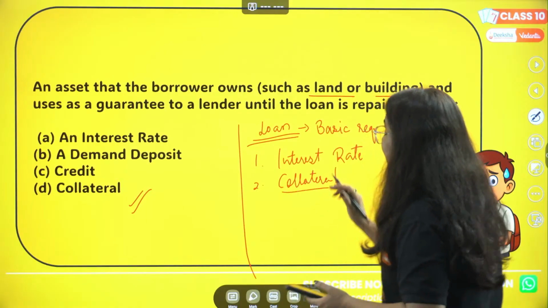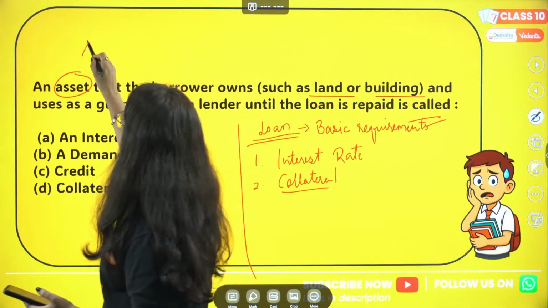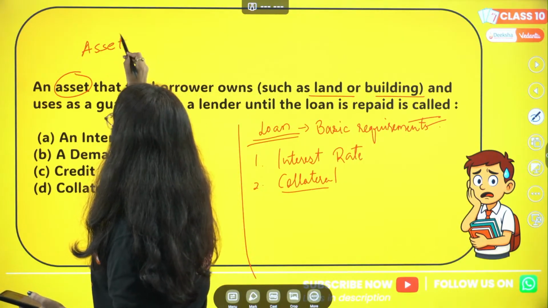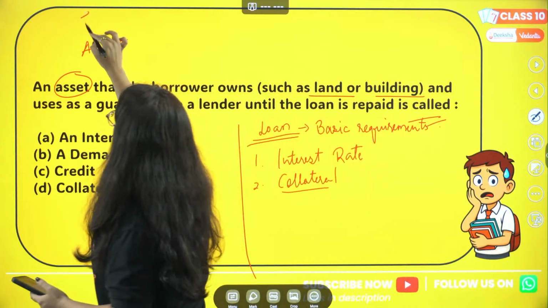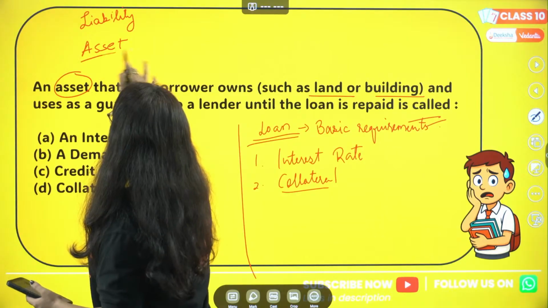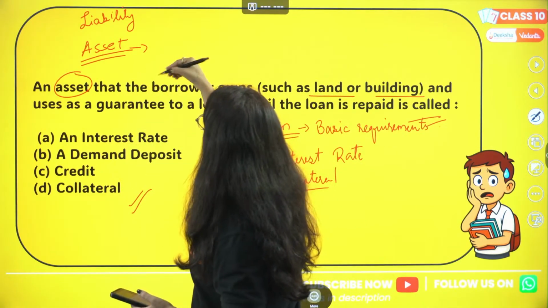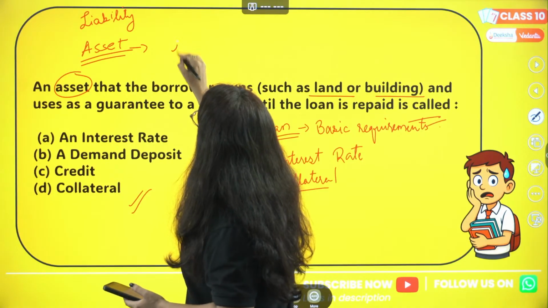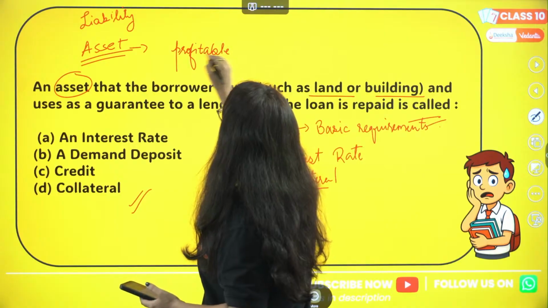Pay attention, what is collateral now? Collateral is an asset. There are two words in economics that you need to keep in mind: one is asset and the other is liability. So what is an asset? Something that is going to be profitable to you in the future.